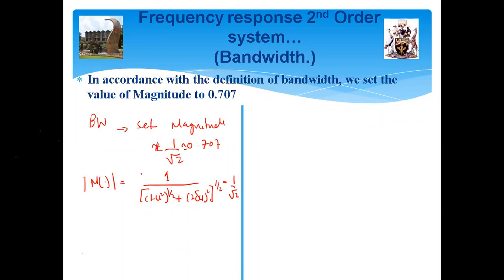So you can square both sides, or cross multiply, and rearrange, and you should get something like this.